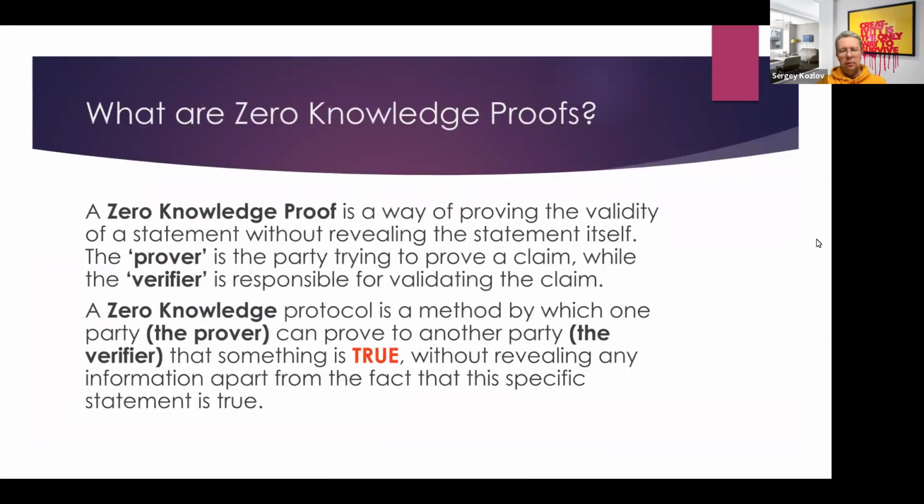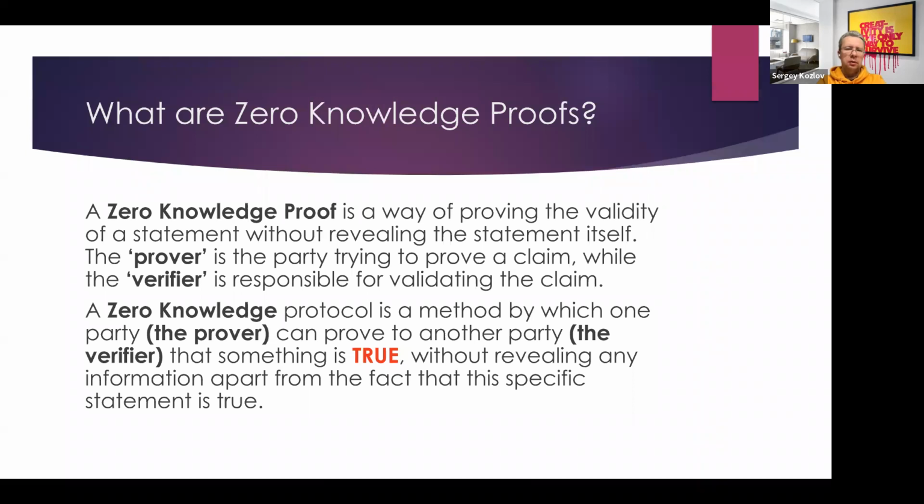So first, what it is. What are zero knowledge proofs? Zero knowledge proofs are a way for us to prove something, as a prover, to the verifier without disclosing our private or internal secret information.